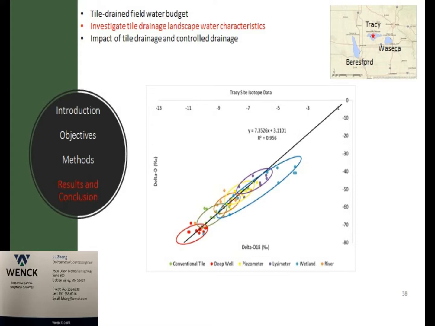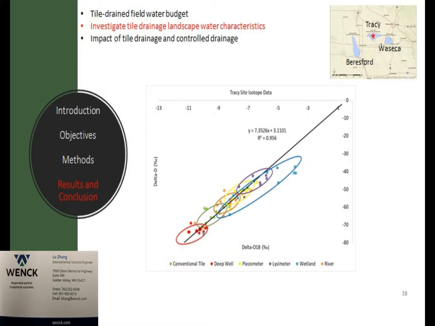This is because most of the deuterium and oxygen-18 is replenished through precipitation. So the less contact you have with precipitation, the more depleted these isotopes are going to be.